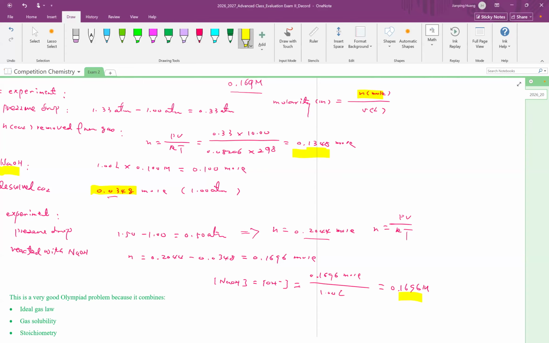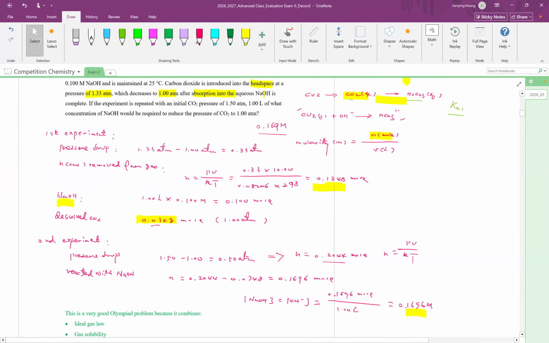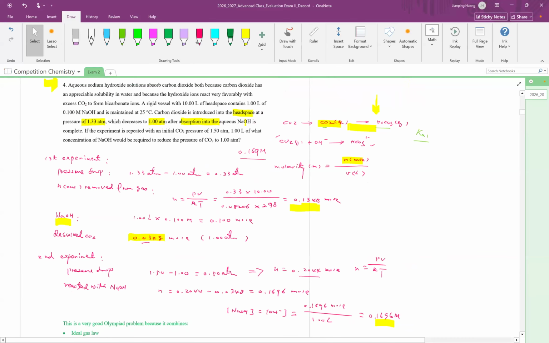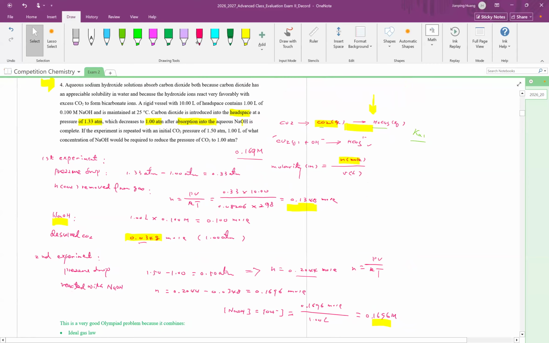If I keep 4, it's this one. If I keep 3, it should be 0.170. Okay, that's the way to do that. It's really cool. And if this question said, I ask you to calculate the molality of sodium hydroxide, it's so easy. However, through 2 experiments, logical, critical thinking, not only that, but also is what?